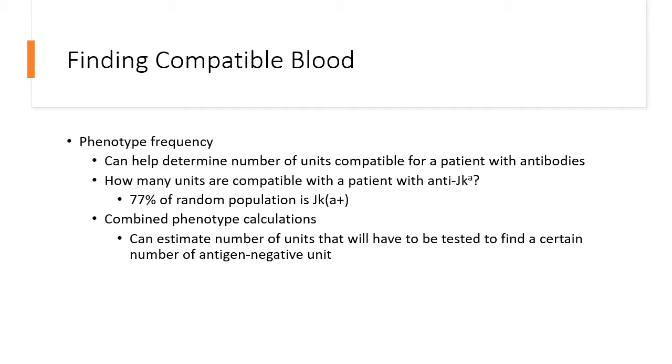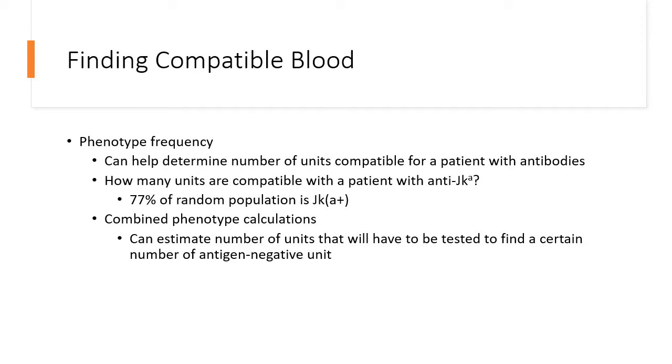For instance, how many units are compatible with a patient who has an anti-JKA? This means we've got to find people who are negative, who do not have the JKA antigen. If 77% of the population are JKA positive, that means 77% of them will not have the antibody.